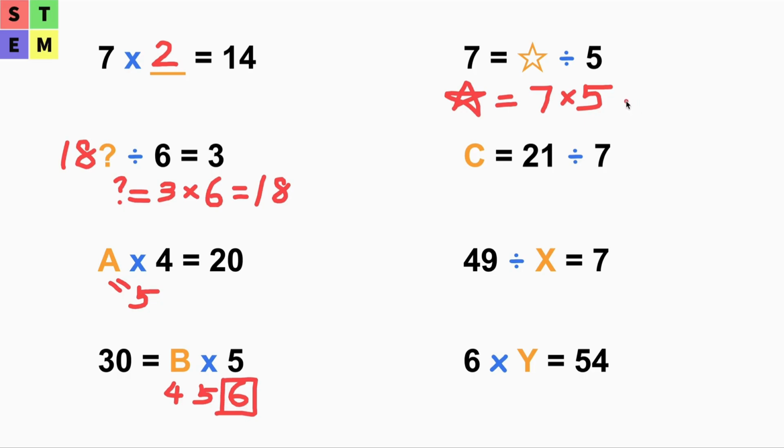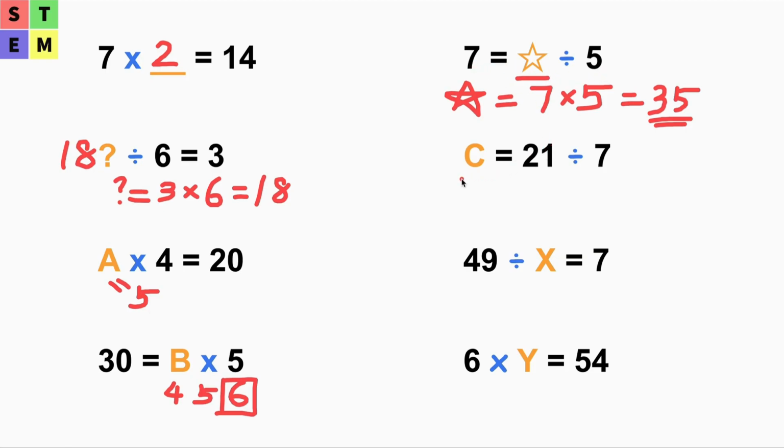And 7 times 5 equals 35. Okay, 35. So we got star here equals 35. So 35 divided by 5 equals 7.